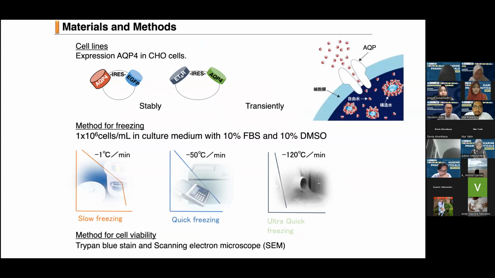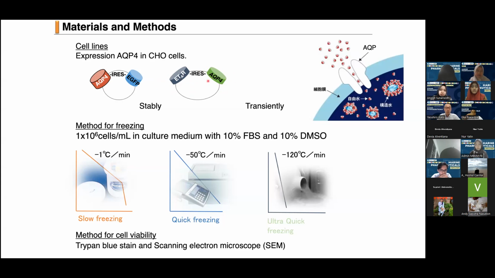Here is a schematic of the materials and methods. We prepared two kinds of cell lines: one with AQP4 joined to EGFP, a fluorescence marker, and another with a combination of the endothelin receptor and AQP4.